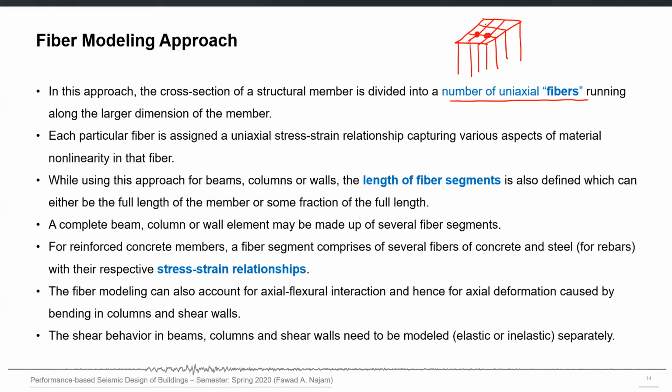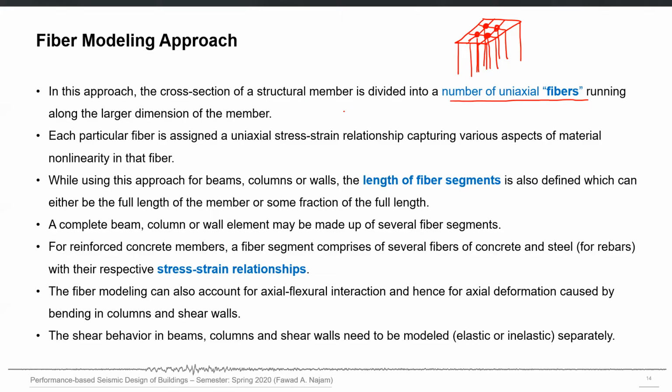Let's say that it has 4 rebars. These 4 rebars will be modeled separately as uniaxial fibers. So these will be 4 steel fibers and maybe 9 concrete fibers, a total of 13 fibers in this column.